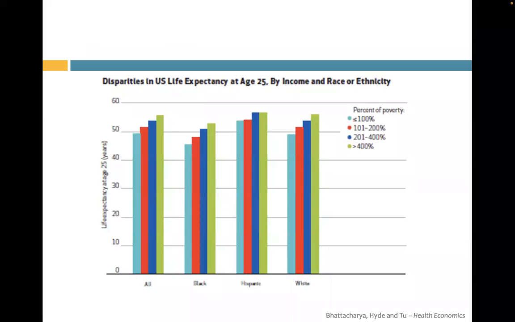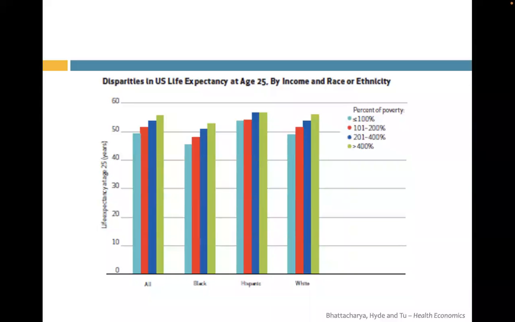The next graph is another piece of evidence for race, but also with some evidence on income. Different color bars represent different income levels as a percent of the poverty line. This light blue bar on the left is lower than or equal to 100% of the poverty line.